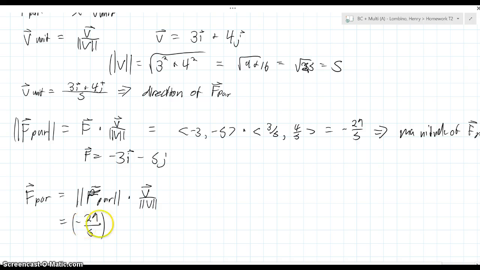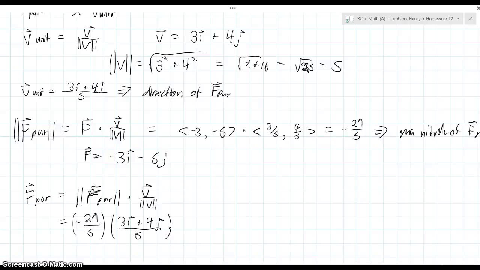That's such a bad number. Times 3i plus 4j over 5. Alright, and then you just need to distribute that out, and it becomes really ugly. But that is essentially the problem. So we just basically found the two parts of it and solved, and now it's all good.